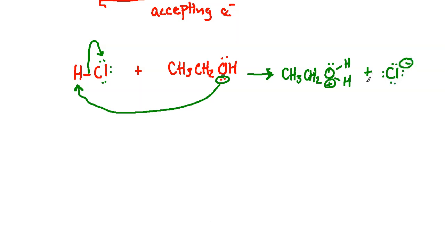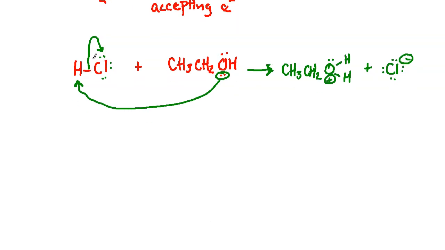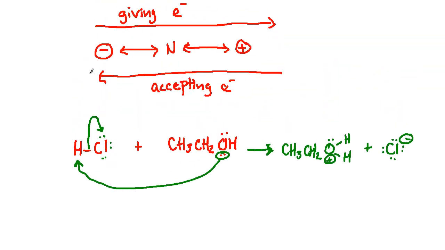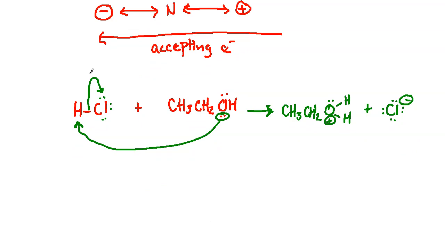Now, if I take a look at this, let's follow what happened here. Again, we want to keep this in the context of the negative, neutral, positive sliding scale. I started with ethanol, and the ethanol was neutral. The oxygen on the ethanol was neutral, right? So I can write out the ethanol in its neutral form.